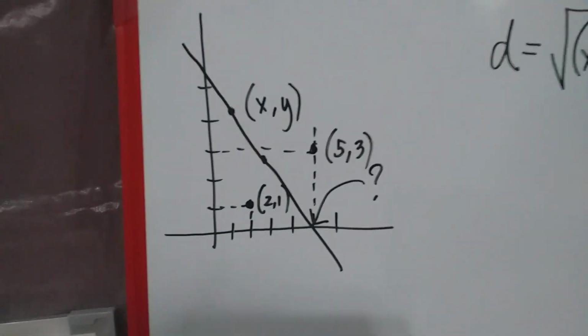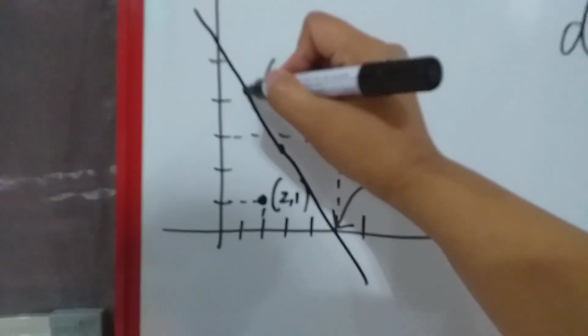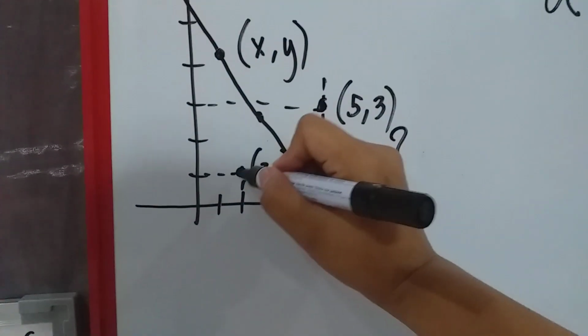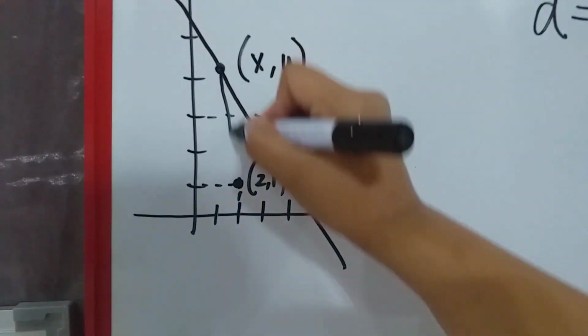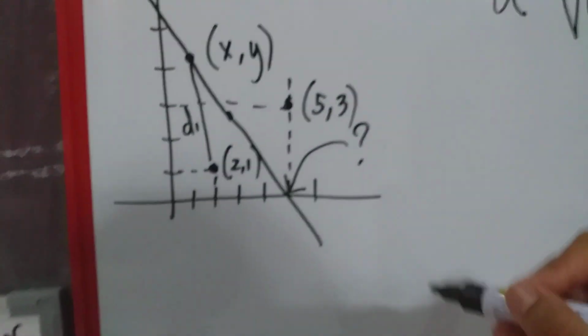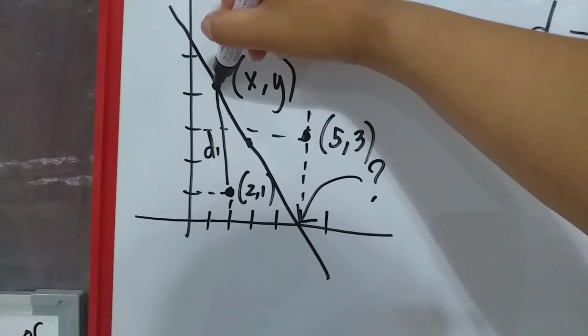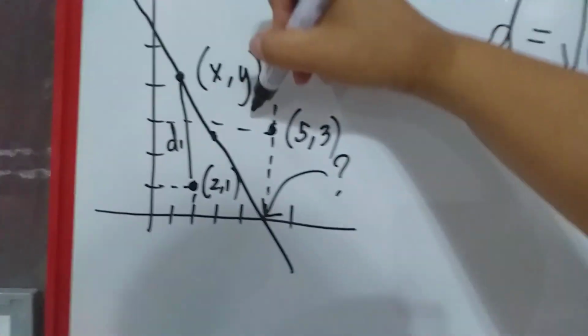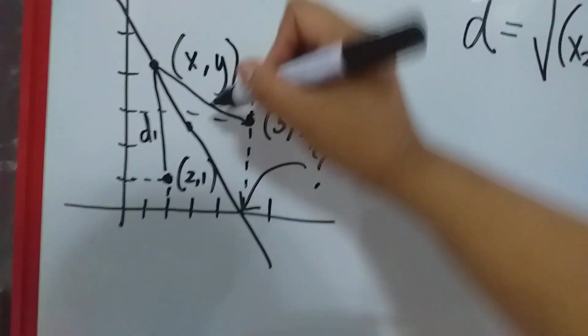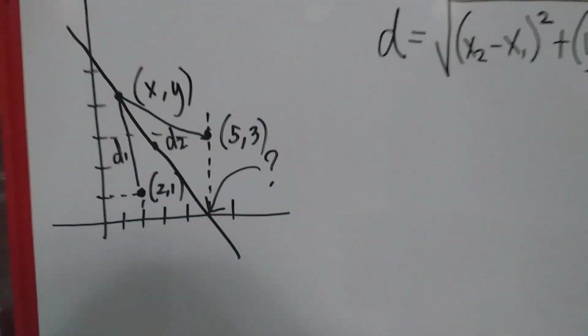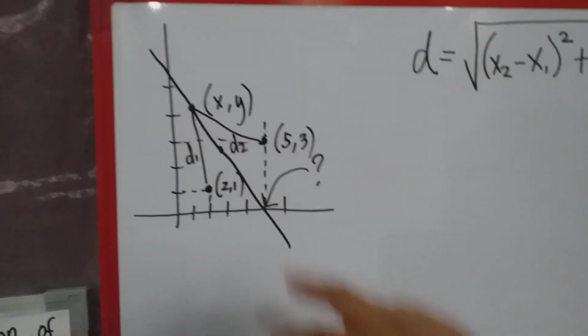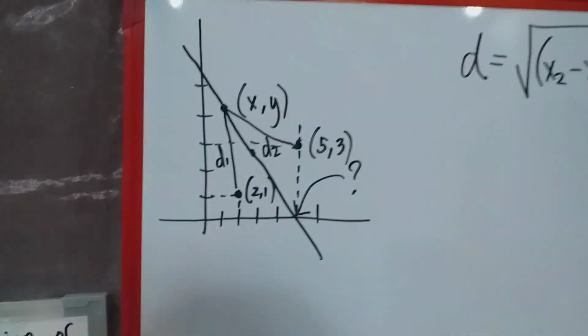So the condition here: the distance from this point to (2, 1), say for example that's D1, is equal to the distance from this point to (5, 3), say for example that's D2, since it's equidistant. So the distances should be equal.